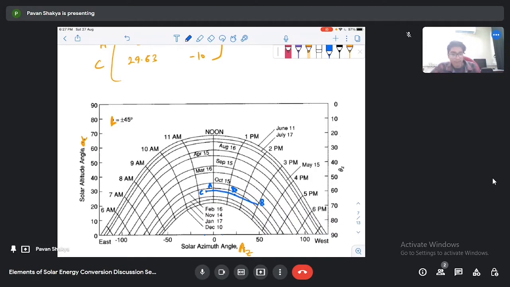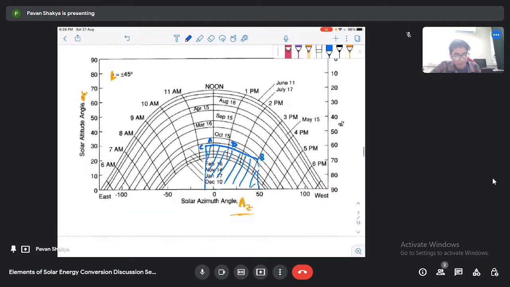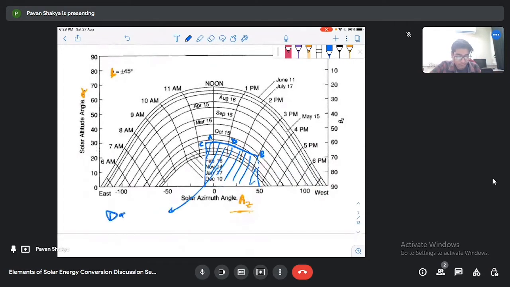And when you project this in the x direction, whatever comes below, this portion, these are the days and times that you are able to see, like 16 Feb, 14 November and 17 Jan, 10 December, and you are getting the time as given, like noon.